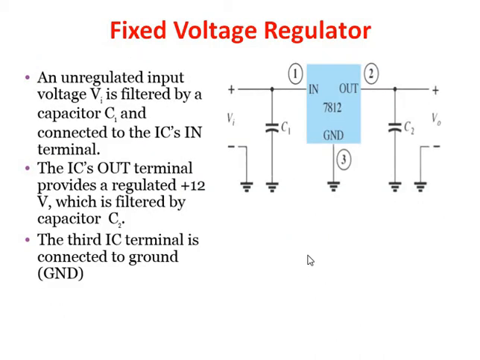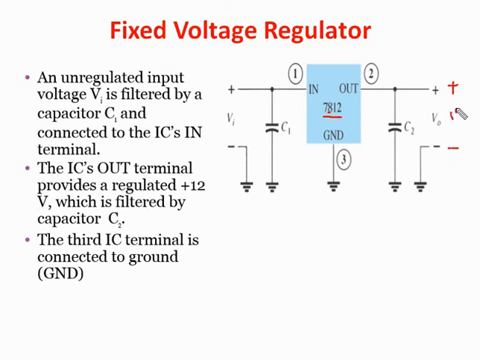Suppose we require a 12 volt constant output DC voltage at this side, so we use the 7812. That means it regulates the input voltage to a constant 12 volt DC output voltage. With 78, that means it is a positive voltage regulator.